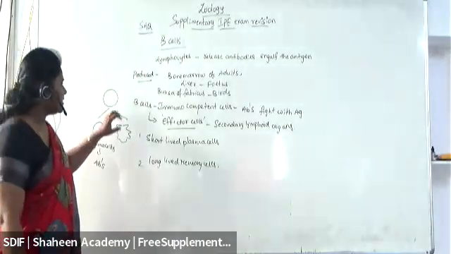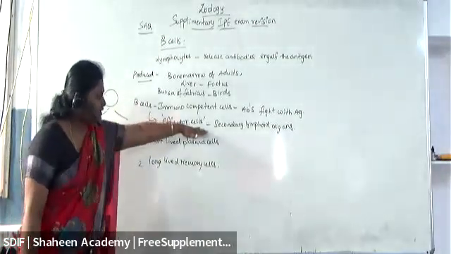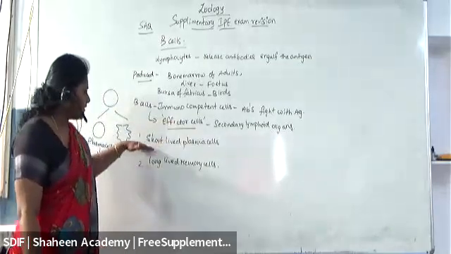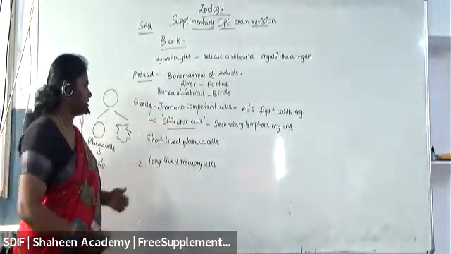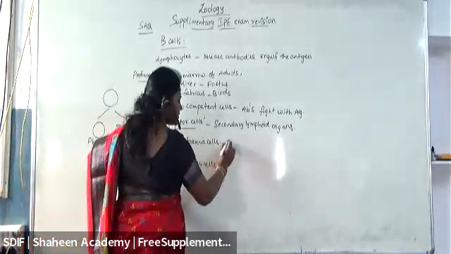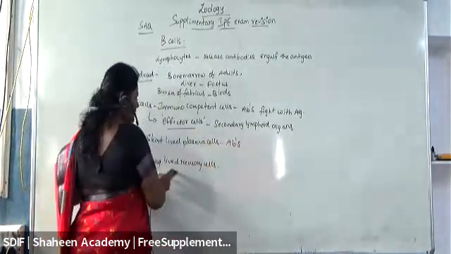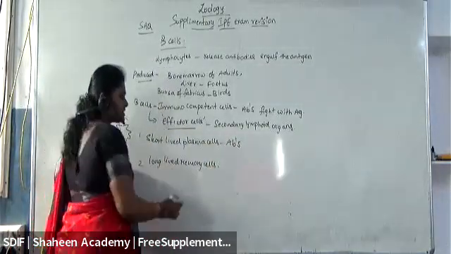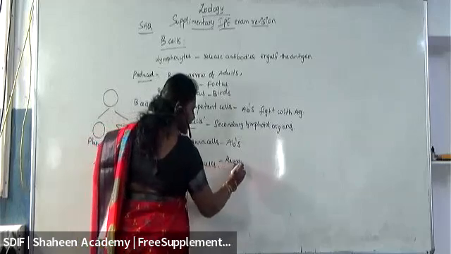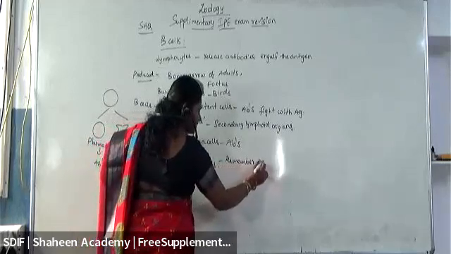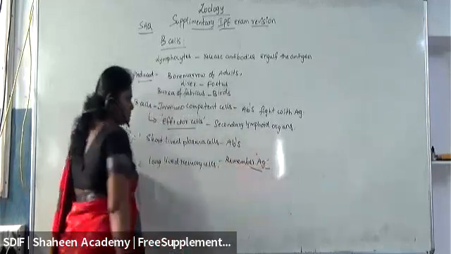So like this, the B cells, after entering secondary lymphoid organs, differentiate into two types of cells: short-lived plasma cells, which secrete antibodies, and long-lived memory cells, which remember the antigen.